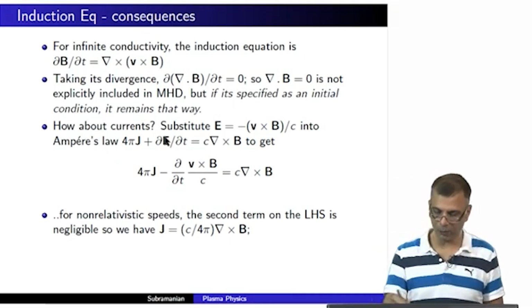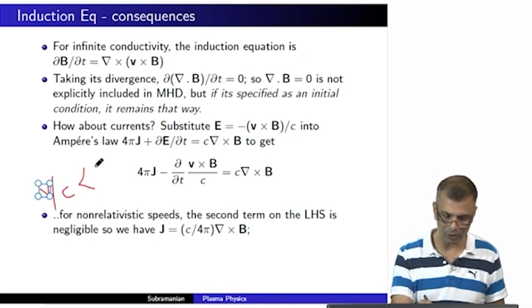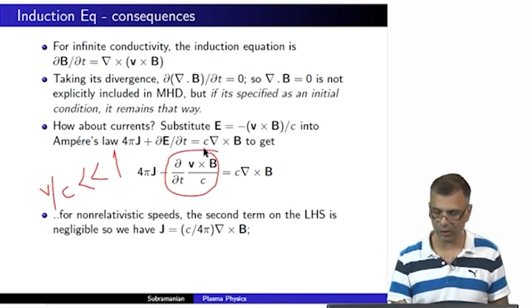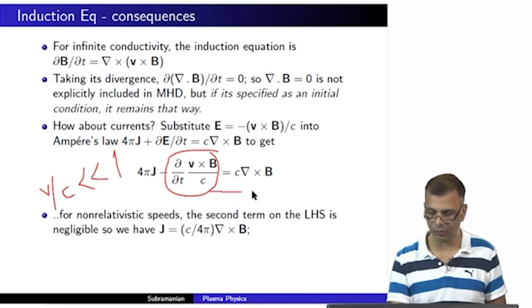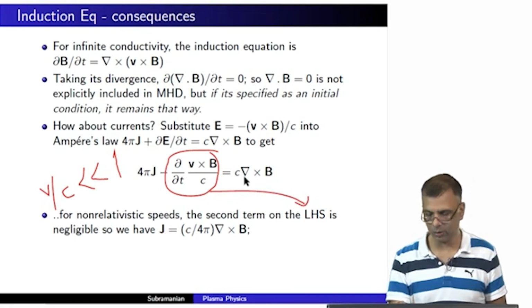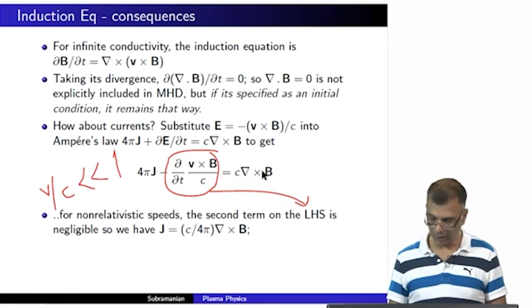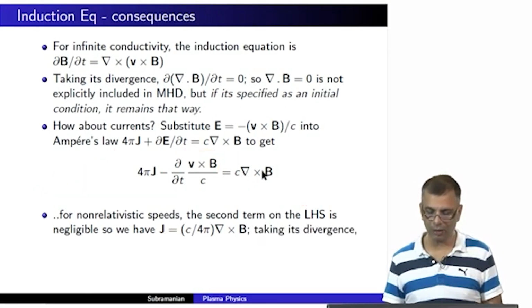For non-relativistic speeds, in other words, for v over c much less than 1, this term is negligible. Therefore, we have j essentially equal to the curl of B.